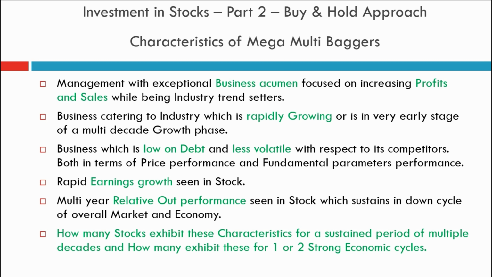So what are the typical characteristics of mega multibaggers in the stock market? See, the number one thing is the management has to be exceptionally business oriented. They have to be very aggressive, chasing growth and profitability along with tremendous sales growth. They also need to be catering to a market which is actually growing rapidly and not in markets which are already peaking out.